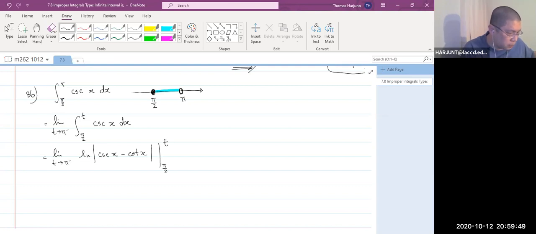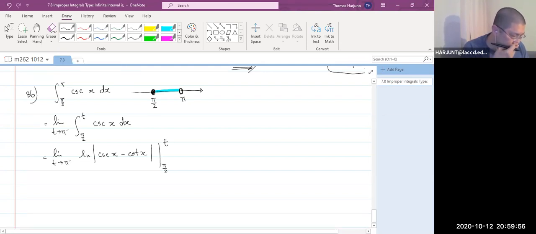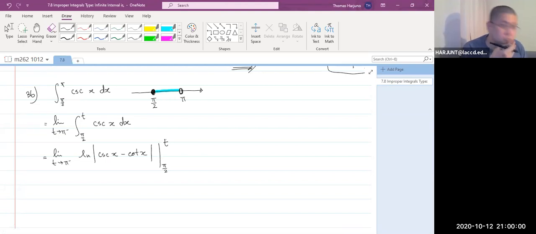And then what next? Just plug in t, right? Yeah, let me make sure first. I don't want to make a miscomputation further on. What is the integral of cosecant? Yeah, that's right.